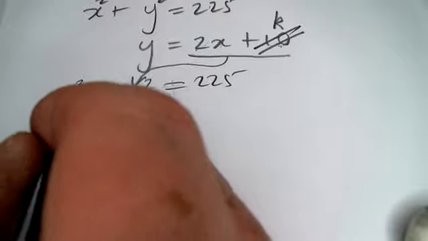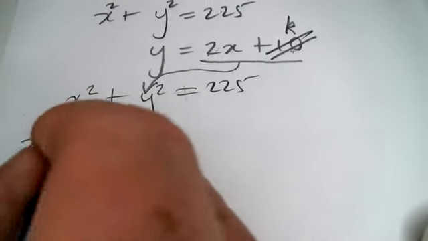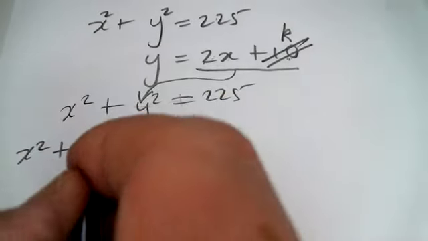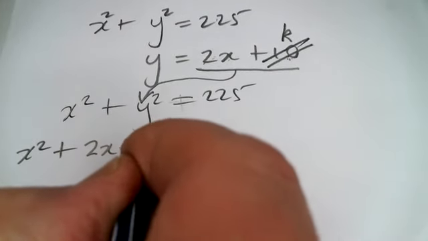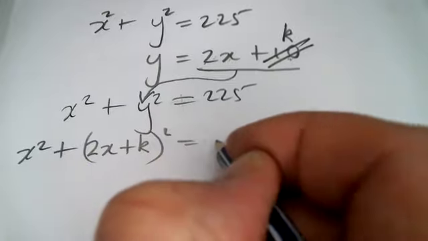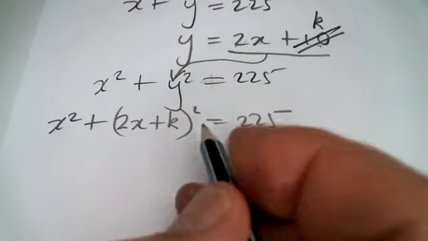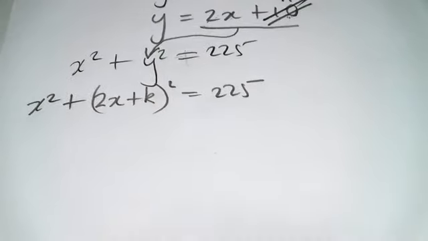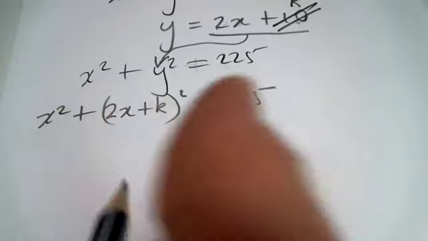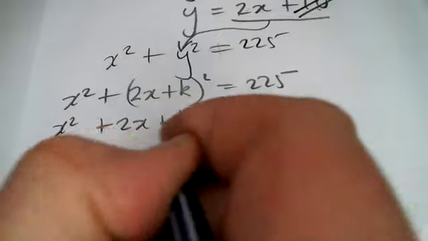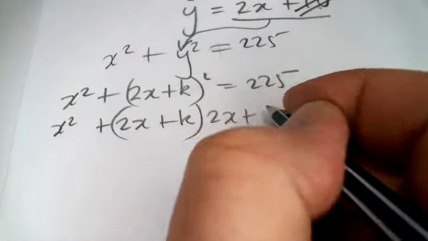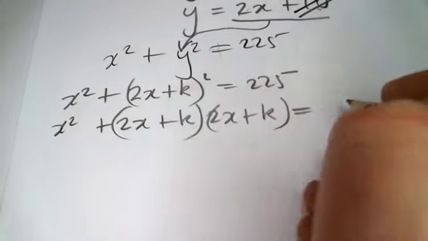We're going to end up with x squared plus y squared, which is 2x plus k, all squared, is 225. Now this is squared, so I'm just going to have 2 of them: x squared plus 2x plus k times 2x plus k equals 225.